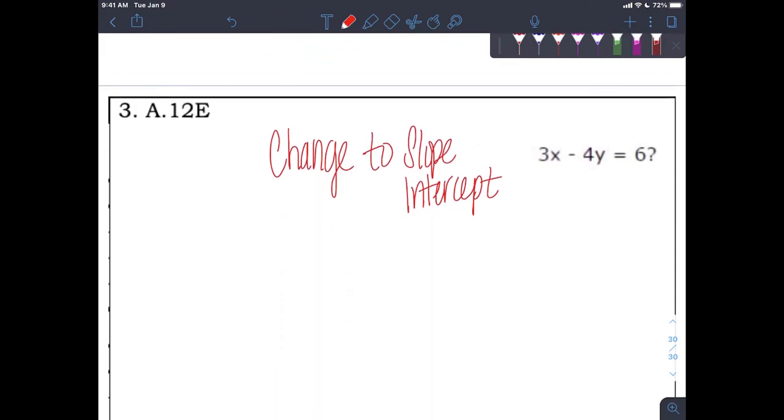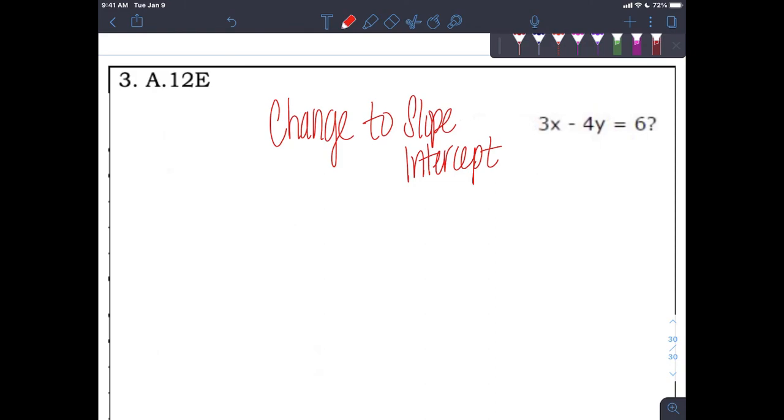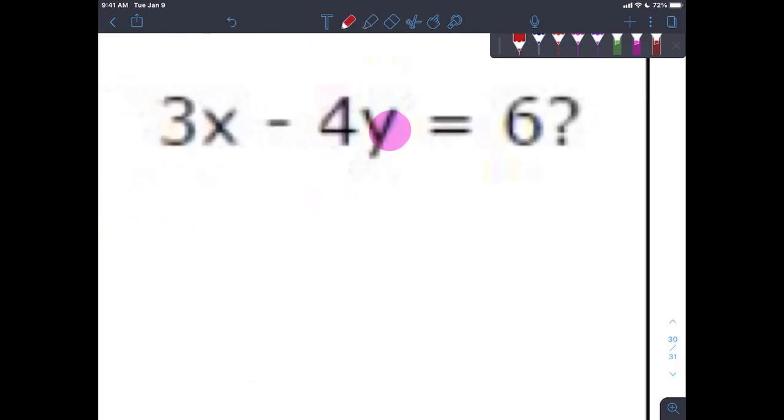All right. Let's take a look at the very last question in our review. So this one, they're asking me to change to slope-intercept form. 3x minus 4y equals 6. So I need to get this y by itself.